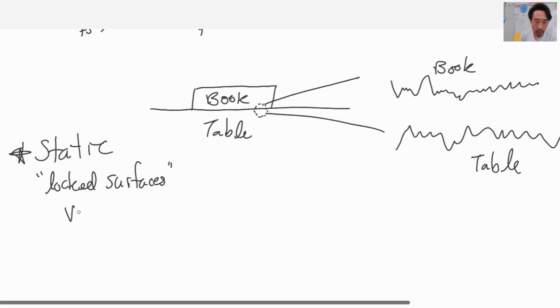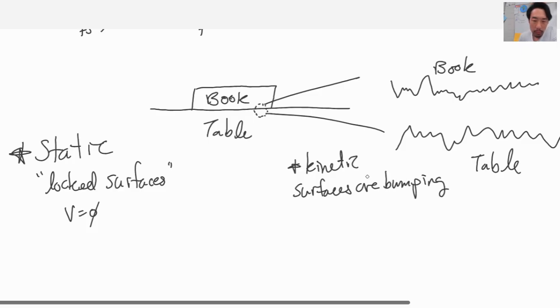So your velocity is going to be zero no matter what. And for kinetic, the surfaces are bumping into each other. Because the surfaces are bumping into each other, this is the thing that causes the slowing down.